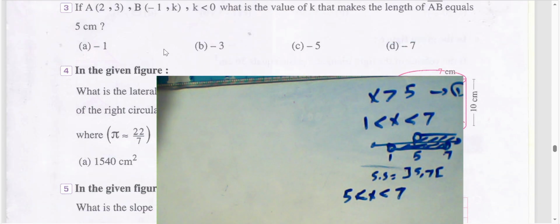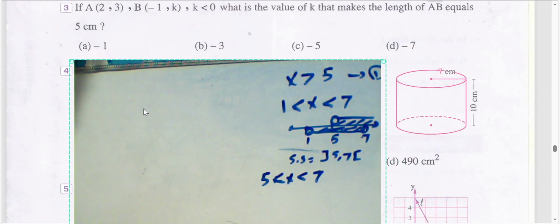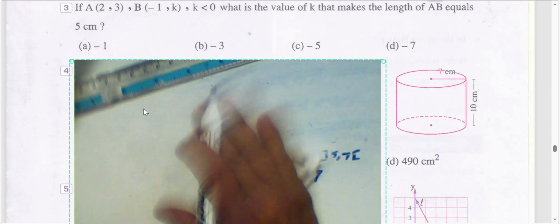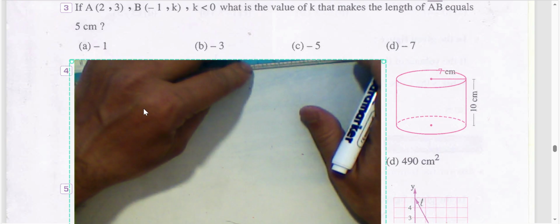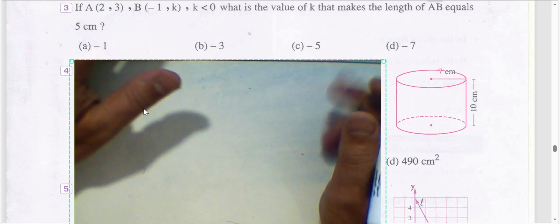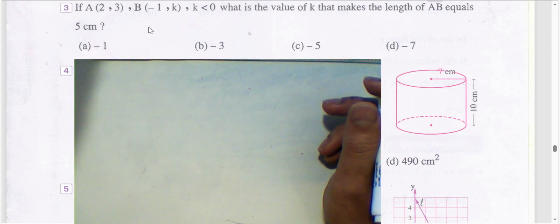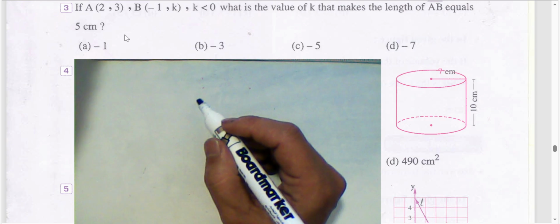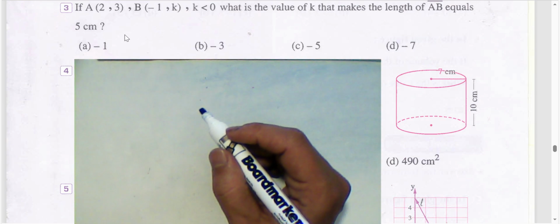Next question. We have points A and B, and k less than 0. What is the value of k that makes the length of AB? Okay, he gave me the length of AB was 5 centimeter. We can find the length between A and B by using the rule.